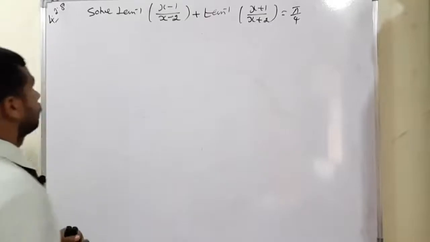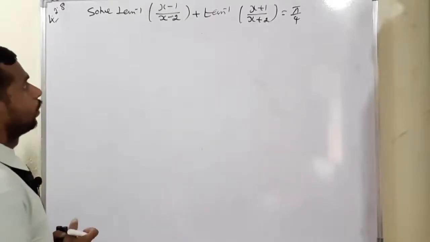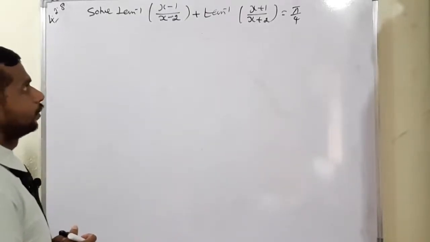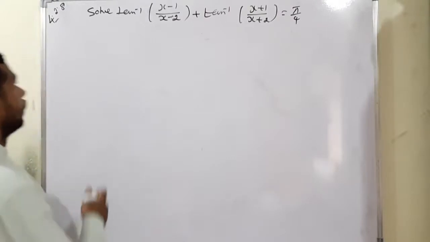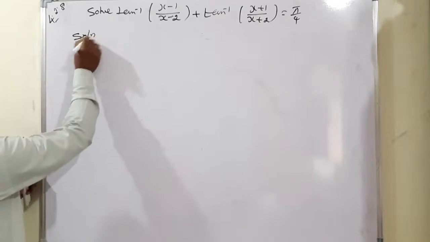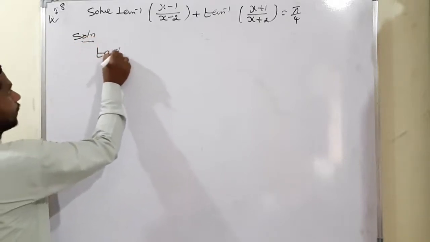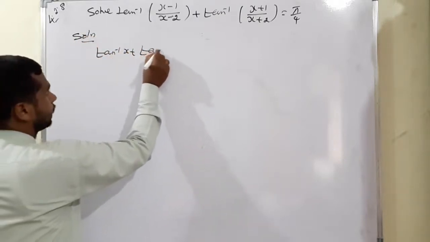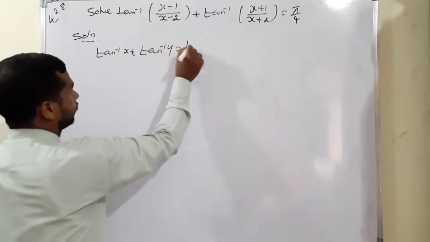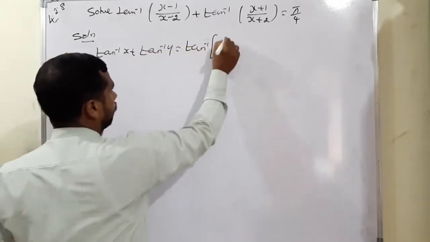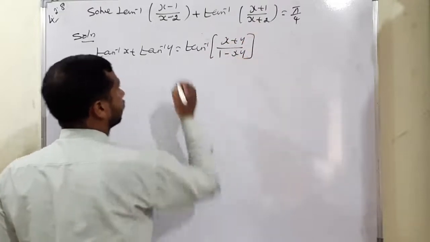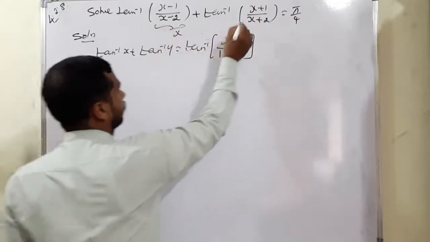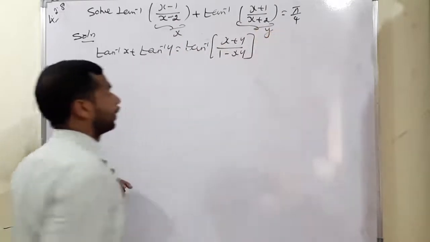Example 4.28, solve tan inverse of (x minus 1) over (x minus 2) plus tan inverse of (x plus 1) over (x plus 2) is equal to pi by 4. Solution: the main formula, tan inverse x plus tan inverse y is equal to tan inverse of (x plus y) over (1 minus xy). Consider this as x and this as y.